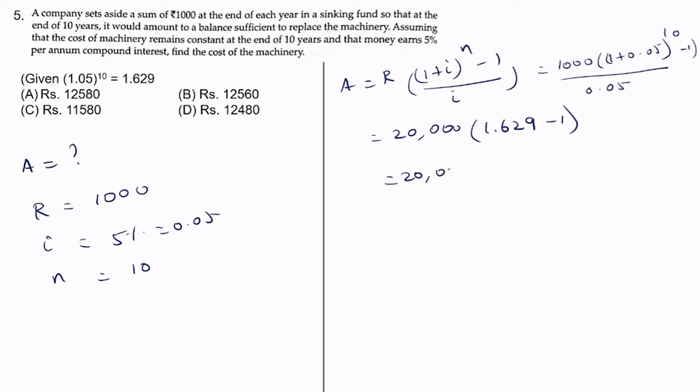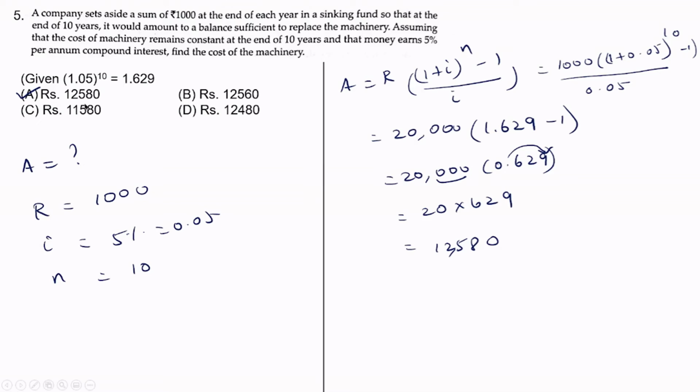So this is 20,000 into 0.629. Here we can remove these 3 zeros and shift the decimal point after 3 decimal places. So we get 20 into 629, which is 12,580. So the correct option is option A, rupees 12,580.